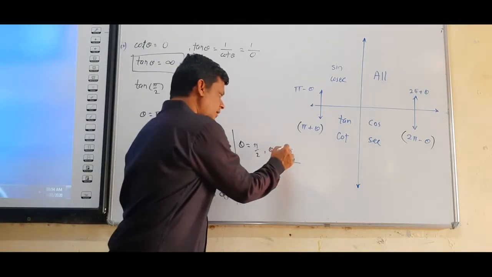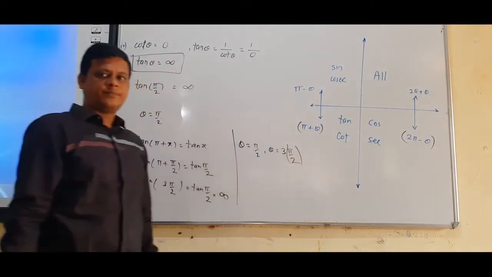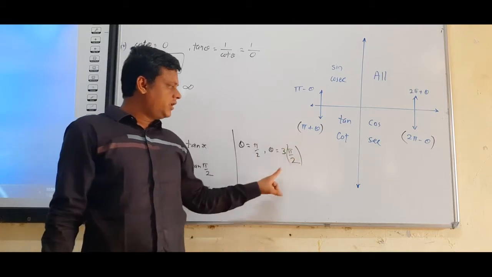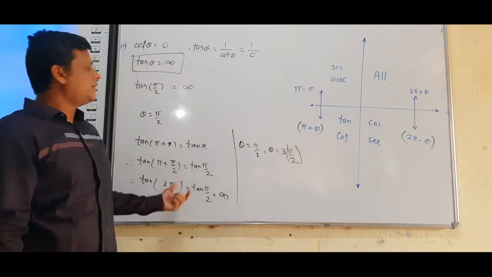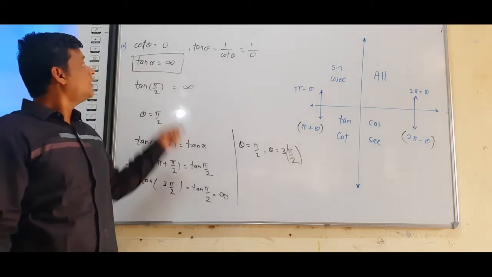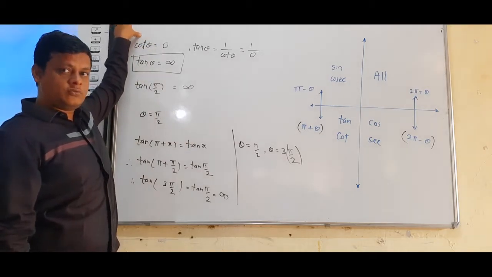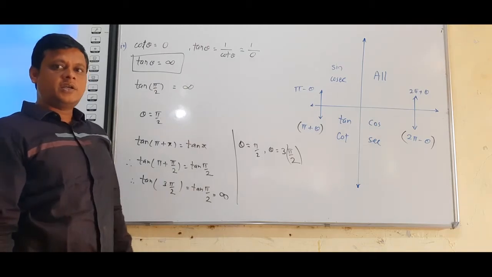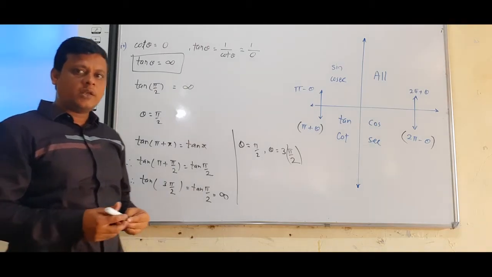You can check this value. 9 3s are 27, so 270. In this way we find the principal solutions for trigonometric ratios whose value is positive. In the second question we see trigonometric ratios whose value is negative.